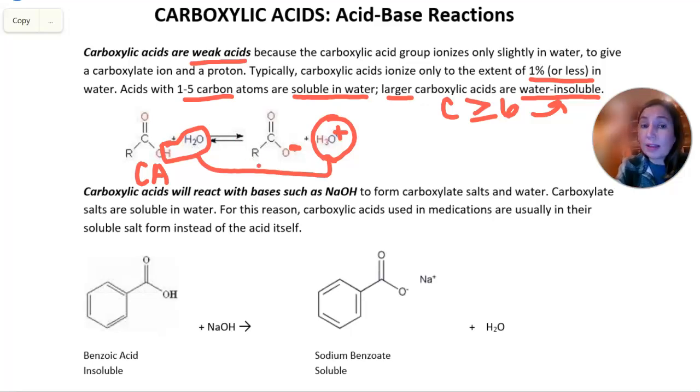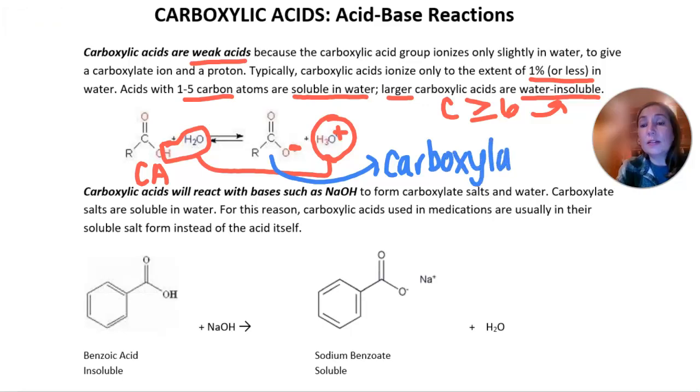The carboxylate ion is R, C, double bonded to O, and then O minus. So that's what we're calling our carboxylate ion: the carboxylic acid when it has lost its proton.